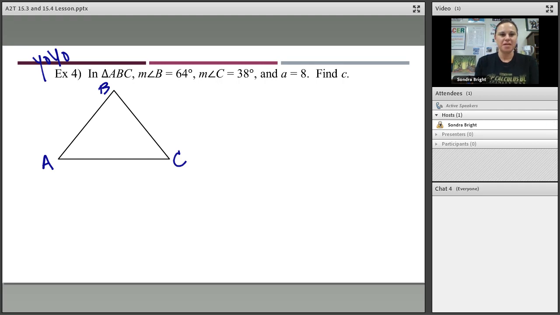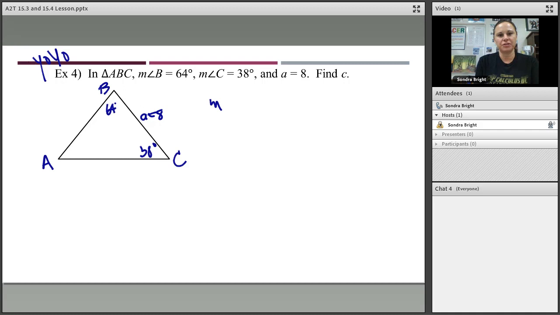All right, so what did they give us? They gave us 64 degrees, they gave us 38 degrees for angle C, and they gave us side A is 8. So this one is an angle side angle is what they gave you.